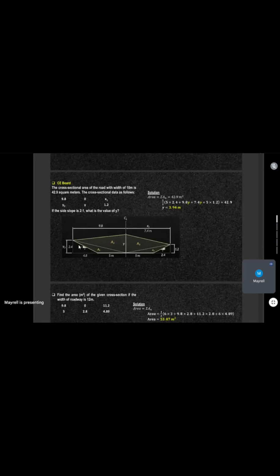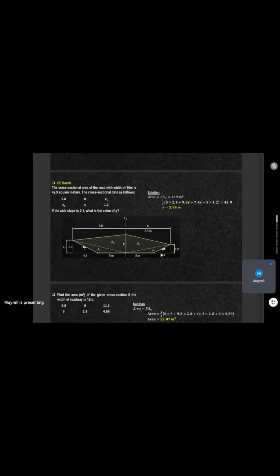So that is the side slope. So you know the side slope is 2 is to 1 and this is 4.8. So by the ratio 2 is to 1, you can solve for this height, or that is y2. So y2 is 2.4. And on the other side, so you have 1.2 that's given, and the side slope 2 is to 1.